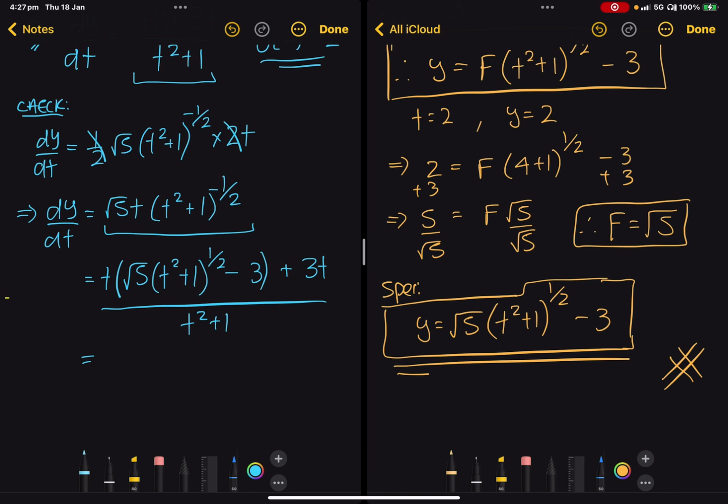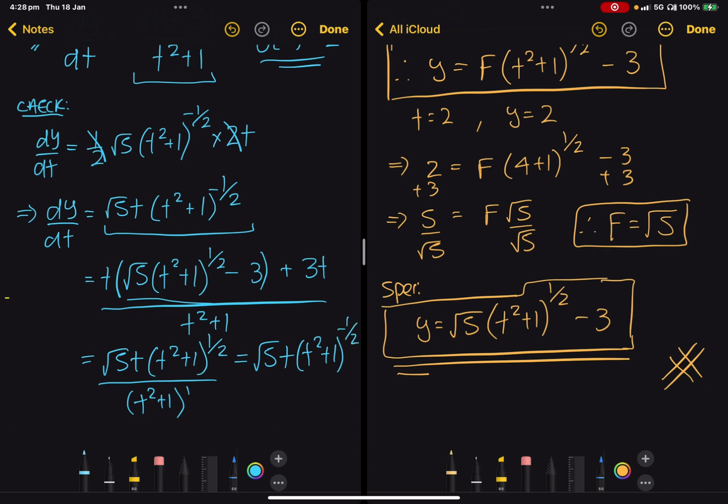So we will get t times this expression, which is root 5 t times (t squared plus 1) to the 1/2. t times minus 3 is minus 3t. Minus 3t plus 3t, that cancels out. This is divided by (t squared plus 1) to the 1. (t squared plus 1) to the half divided by (t squared plus 1) to the 1 is (t squared plus 1) to the minus half. So this is root 5 t times (t squared plus 1) to the minus 1/2. And this, we know, is equal to dy/dt. So therefore this checks out.